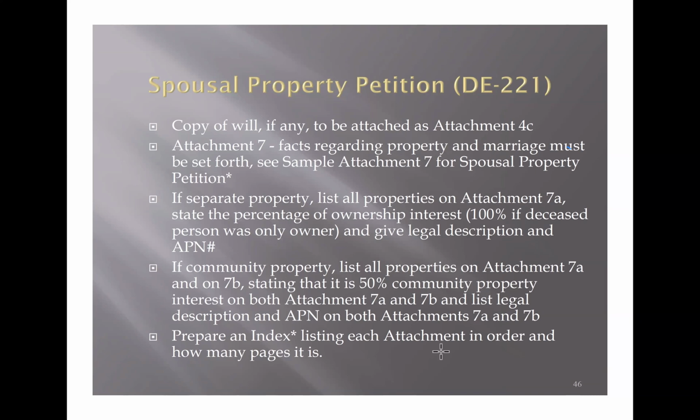So you have the Judicial Council form, the petition, and then you will create your own little index that includes the name of the attachment, usually a number like 7A, 7B, then a description, like 7A or 7B will be legal description, and then the number of pages long it is. And if you're paper filing and you send this in without an index, they will just send it right back.